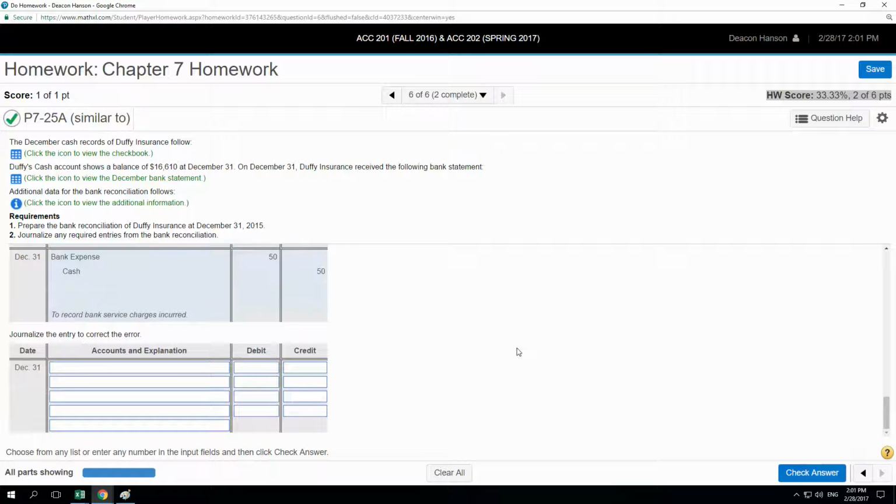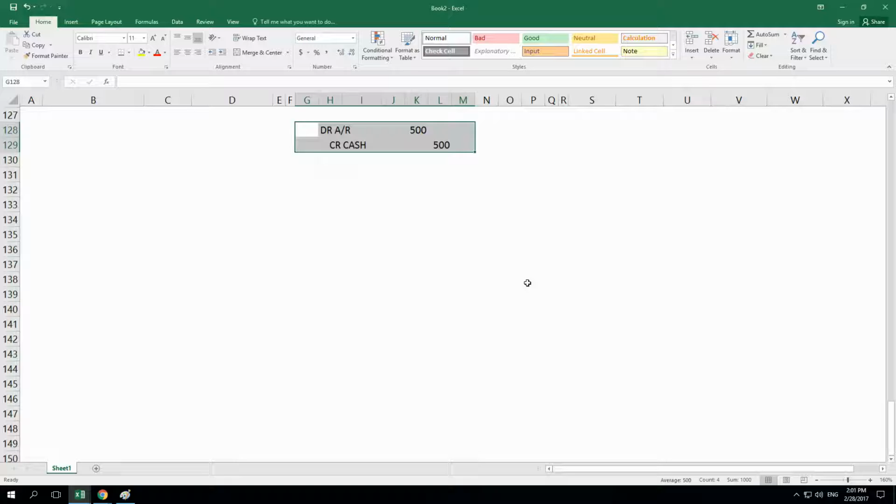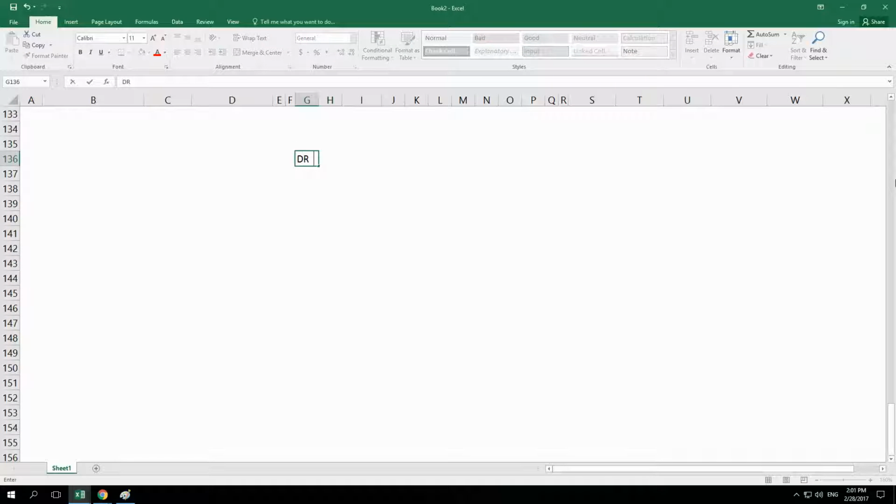Okay, and then finally, journalize the entry to correct the error. So we wrote a check for 1940, right? So again, think about it. If you write a check, you're probably going to be writing it to accounts payable, right?